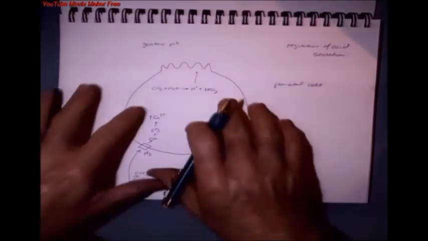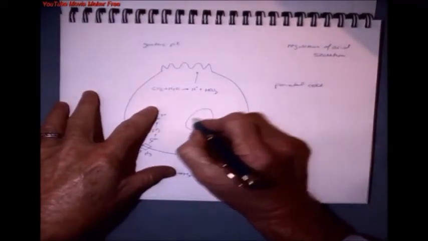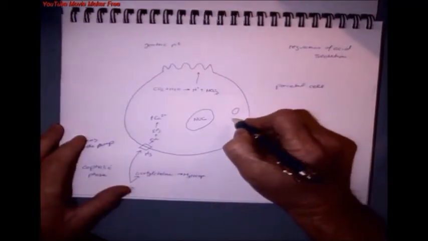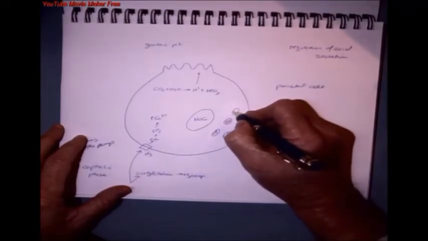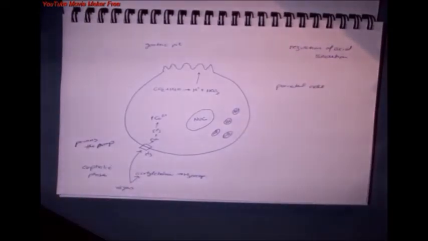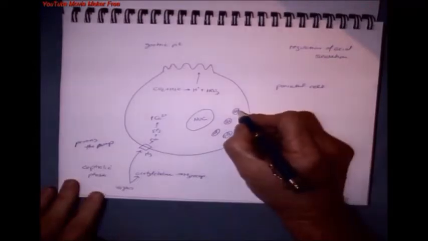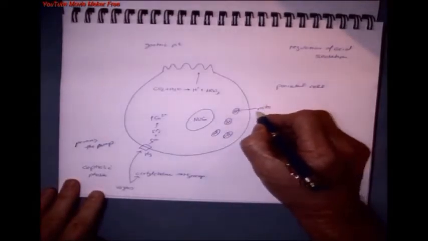Well, if you look at an electron micrograph, which will be on the next page, what that is showing is a large nucleus in the center. There are a whole bunch of little round objects that are all very darkly stained on that electron micrograph. What are those structures? Mitochondria. Mitochondria, right.